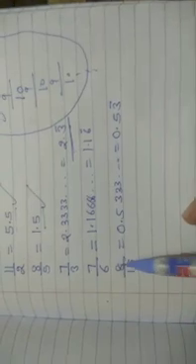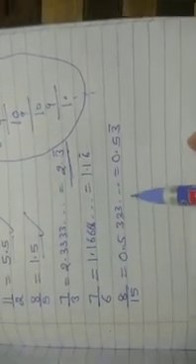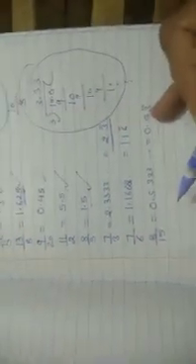When you divide 8 by 15, you will get 0.533, equal to 0.53 bar. These are all non-terminating decimals. But how can you tell, without doing the division, whether these are terminating or non-terminating decimals?